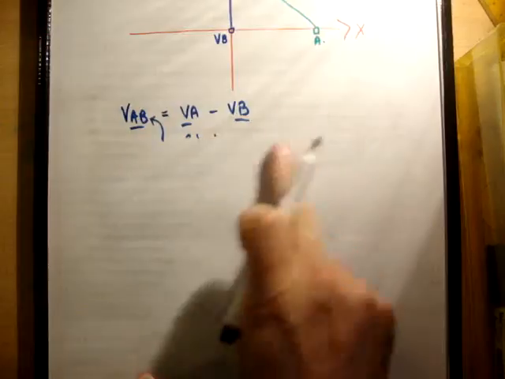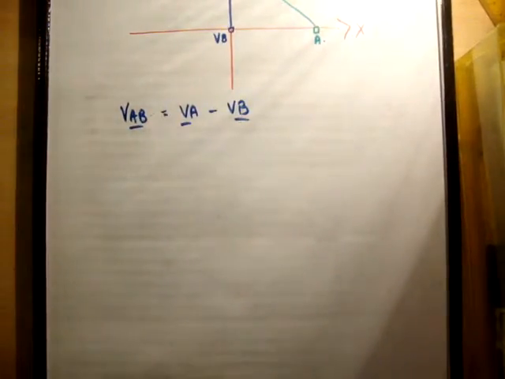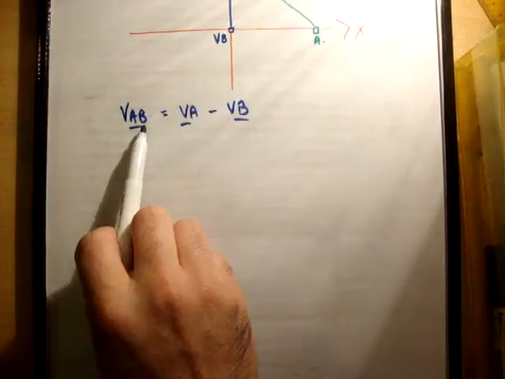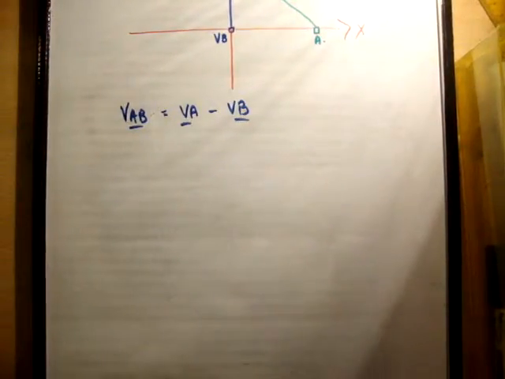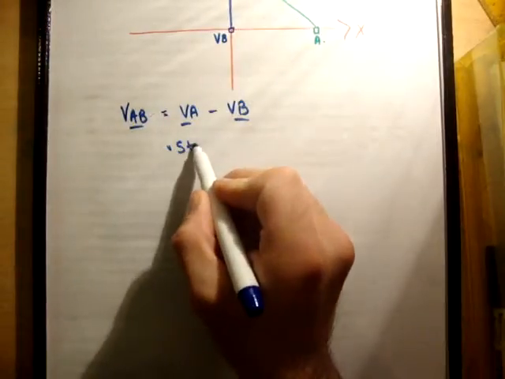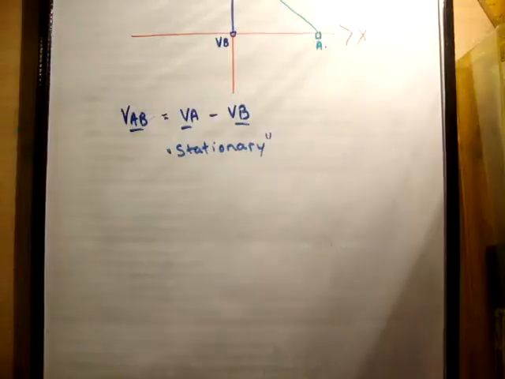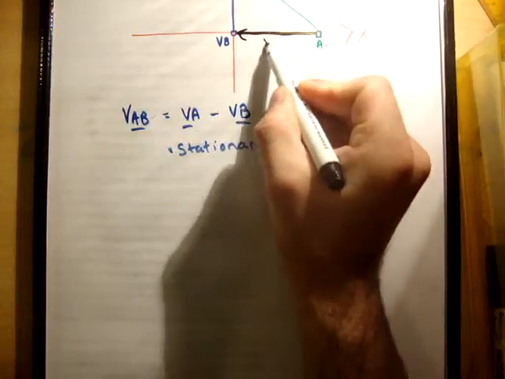So what else do we know? We're saying that B is stationary and A is moving. In a frame of reference where B is stationary, the only way a collision can occur is if VAB is along the x-axis. So this must be VAB, and I'll tell you why.